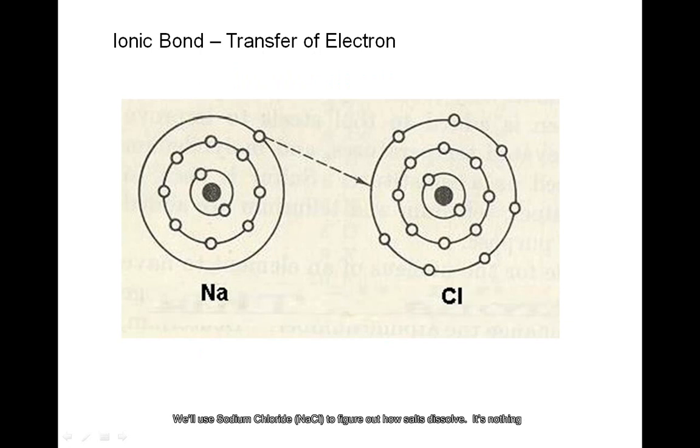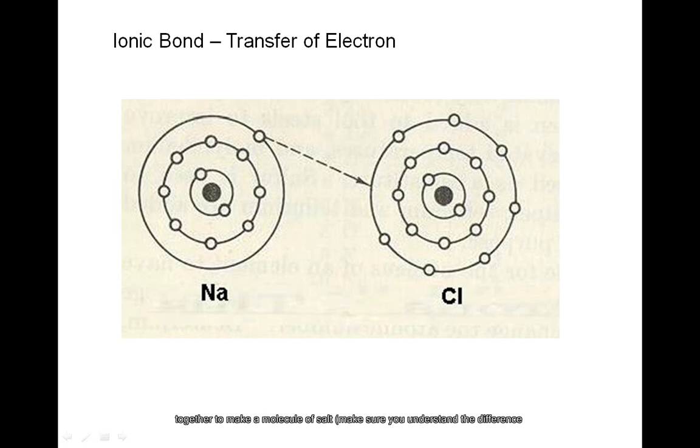We'll use sodium chloride, NaCl, to figure out how salts dissolve. It's nothing more than ordinary table salt and is the most common salt on Earth. The sodium atom has 1 electron in its outer electron shell, while chlorine has 7. But chlorine wants to get 1 additional electron to fill its outer shell. Sodium will transfer its electron to chlorine in what is called an ionic bond.